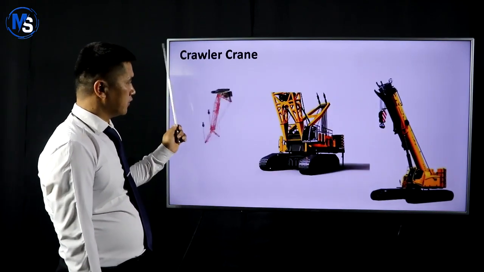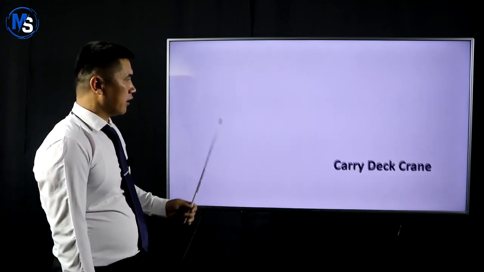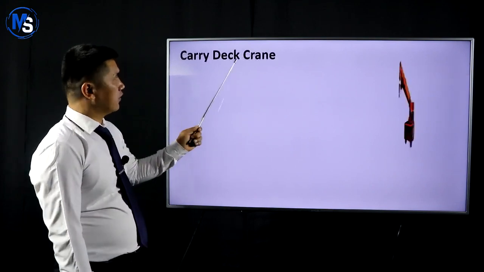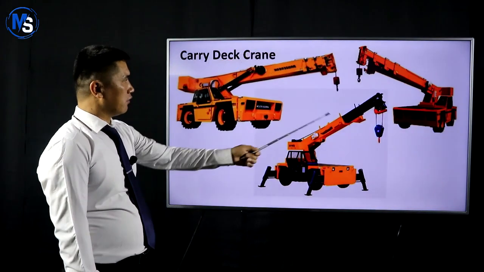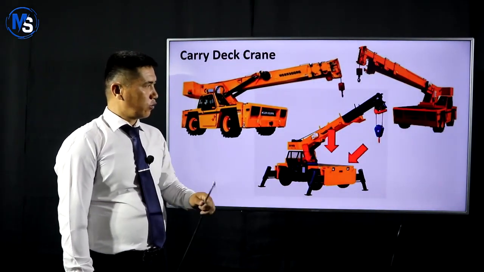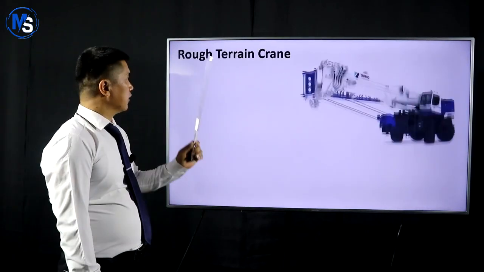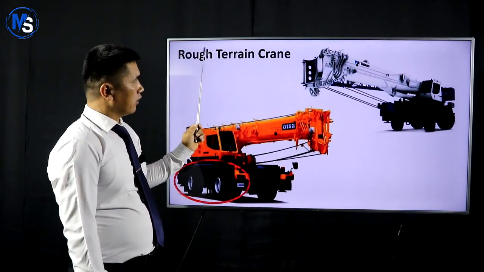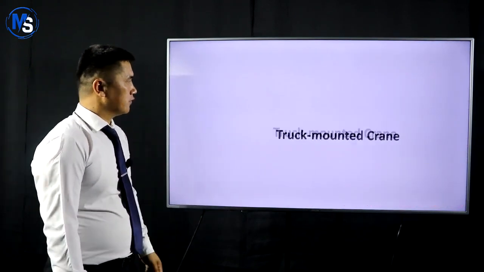It carries things from one side to the other. A carry deck crane. It's also a carrying crane for heavy objects from one point to another. The next one is a rough terrain crane. It's a big crane and it's also used on construction sites.